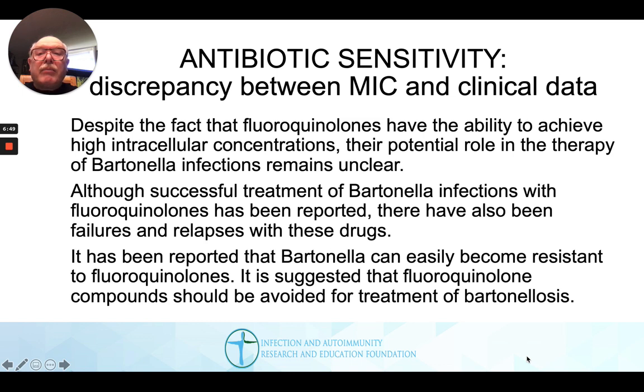The bottom line is that although successful treatment of Bartonella with fluoroquinolones has been reported, there have also been some poor outcomes and relapses with these drugs. It has also been reported that Bartonella species can easily become resistant to fluoroquinolones, and it has been suggested that in general fluoroquinolones should be avoided for treatment of Bartonella infection.